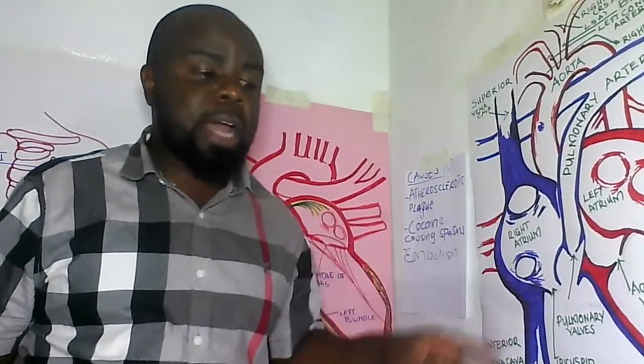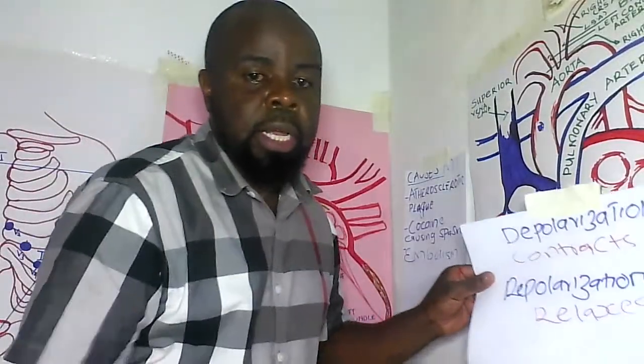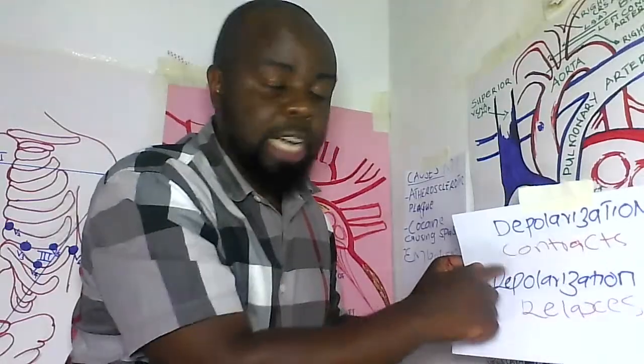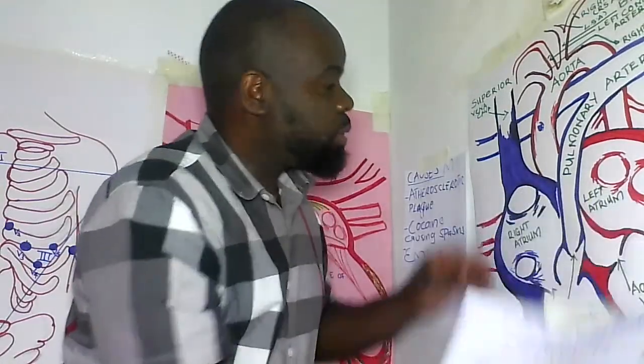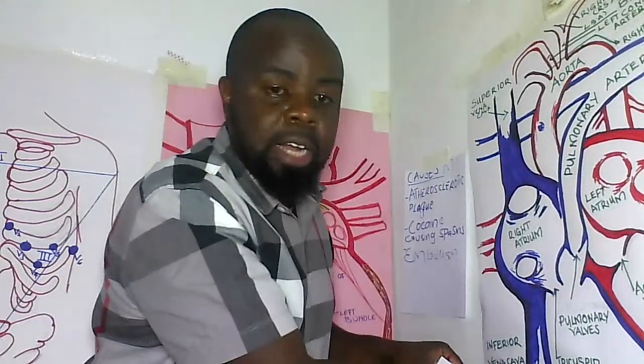When sodium ions are inside the cell, this is what is called depolarization, and depolarization leads to contraction. So this atrium contracts, forcing blood to come here.